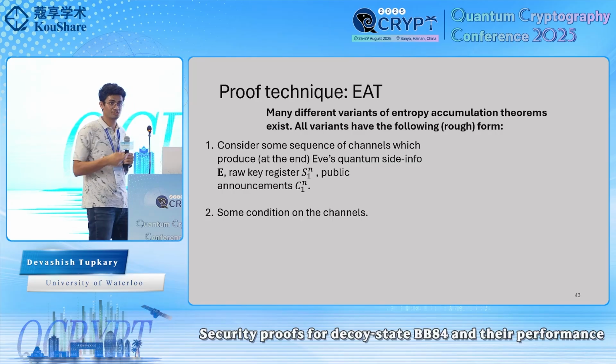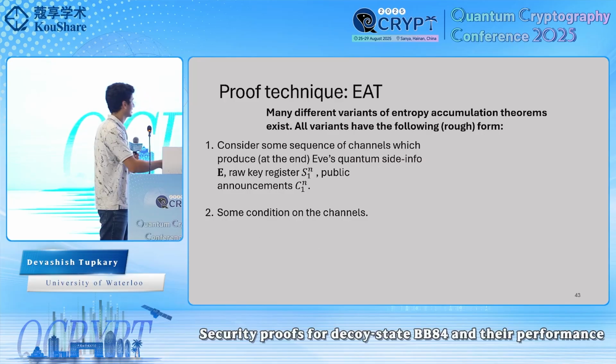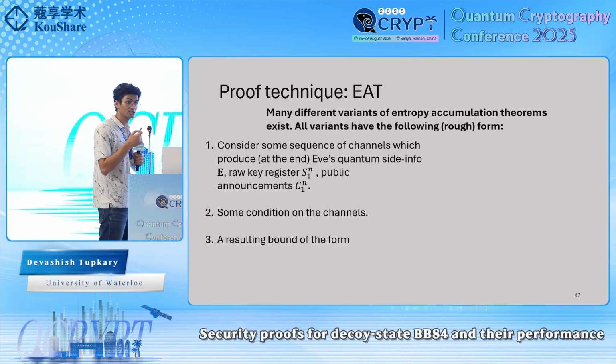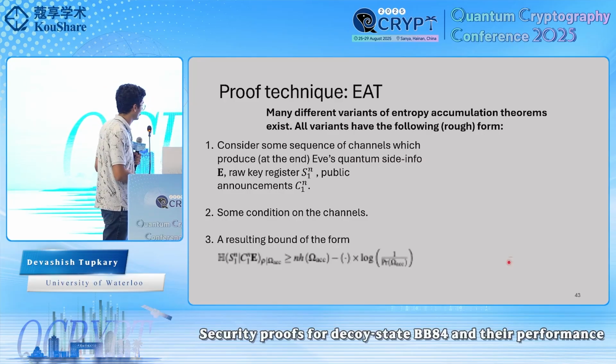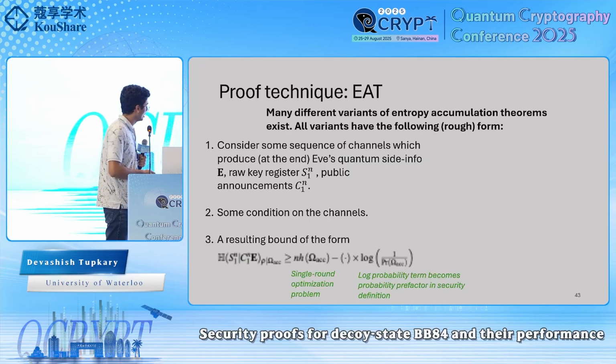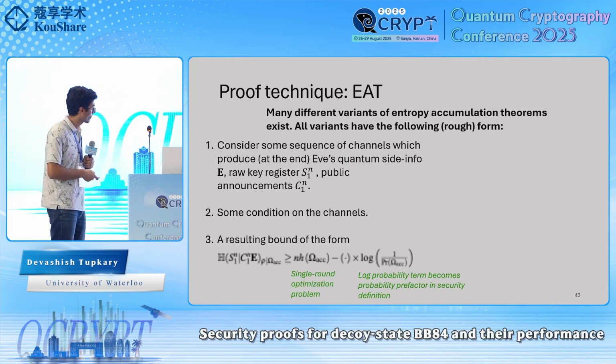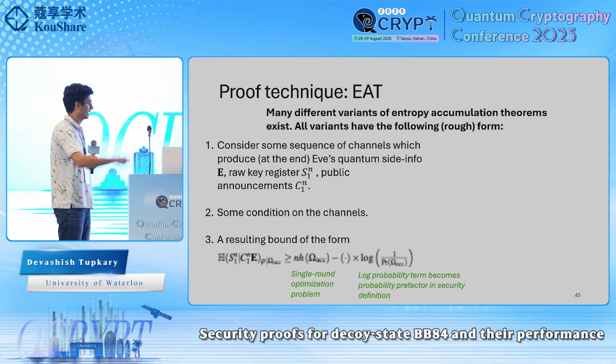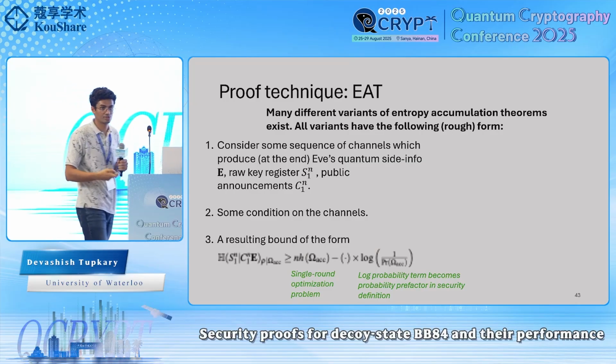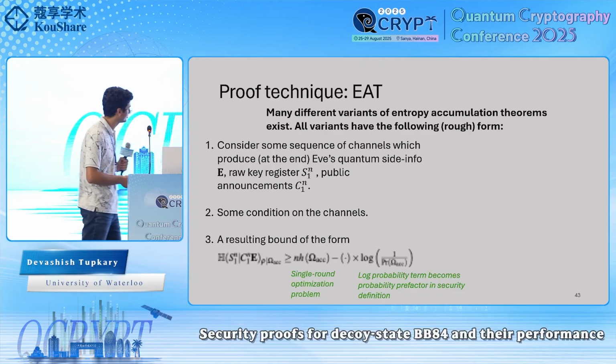You have some condition on these channels that must hold. If this condition holds, then you get a resulting bound on the entropy that you care about that looks something like this, where the first term is some single round quantity that you hope to be able to compute. And the second term is this log probability term that ends up becoming the probability prefactor in the security definition that we spoke about earlier.